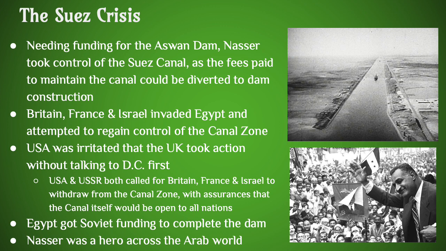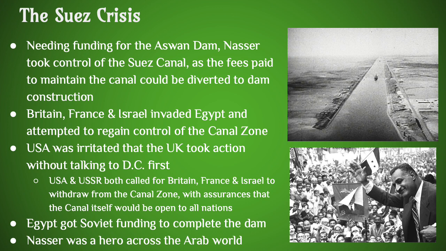But proving that we have moved beyond the period where the United Kingdom is one of the dominant powers in the world, the U.S. kind of forced them to back down. They were irritated because Britain just took action without talking to the Americans first.